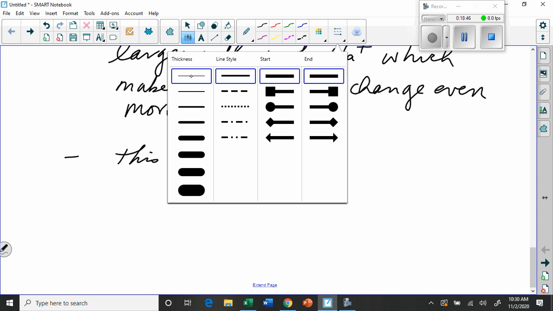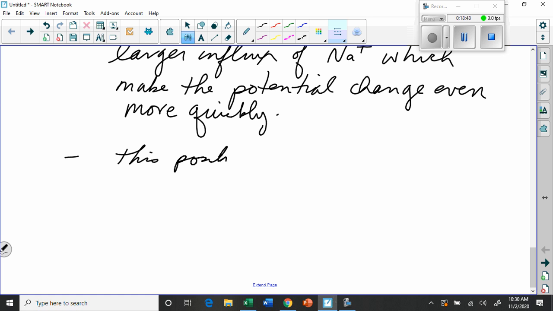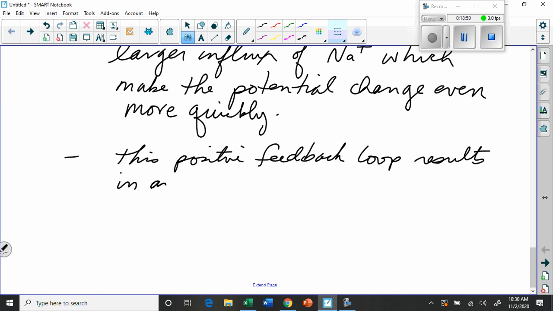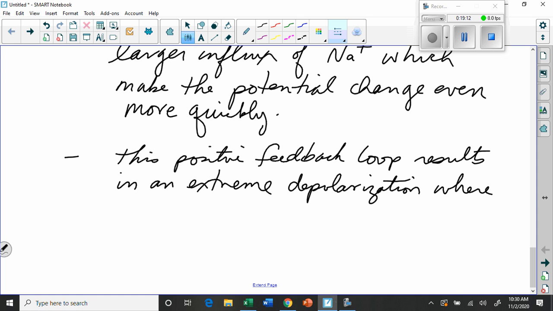It's more of a positive feedback loop. It results in, I'm going to put the word extreme just to differentiate between the slow trickle and this extreme depolarization, where the voltage actually flips, where the voltage reverses in that section of the membrane.